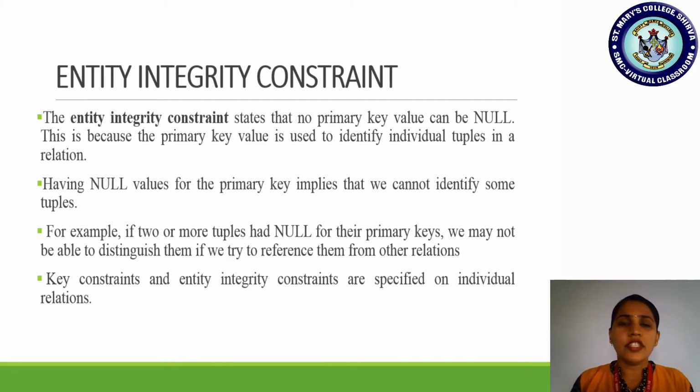So in any relation, any table, we decide which attribute has to be the primary key. For example, in the student table, we decided roll number has to be the primary key, and that value should be what? Unique, right? Yes. So the entity integrity constraint tells that no primary key value can be null.